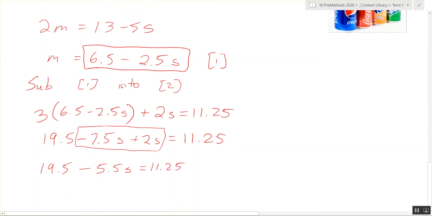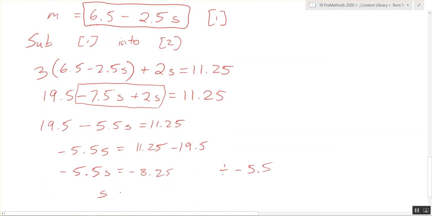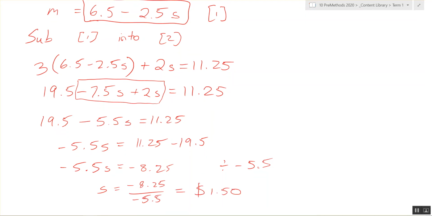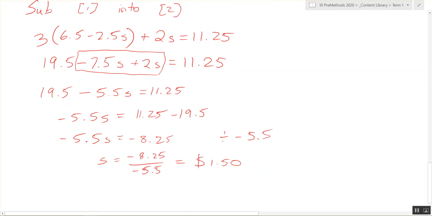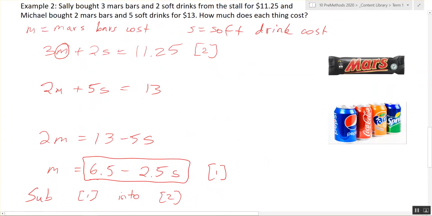All right, then bring the 19.5 over. 5 on both sides. That's pretty tricky. Yes, good job. What do you think? Is that a good price for a soft drink can? Yes. And now to find out the Mars bar, what do we do?